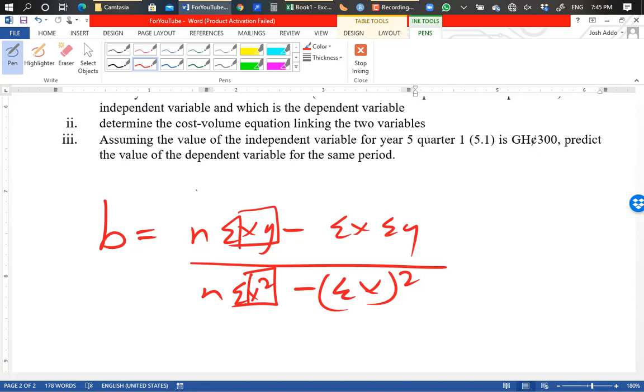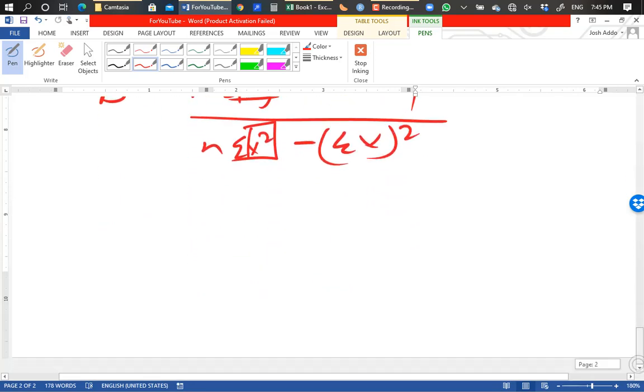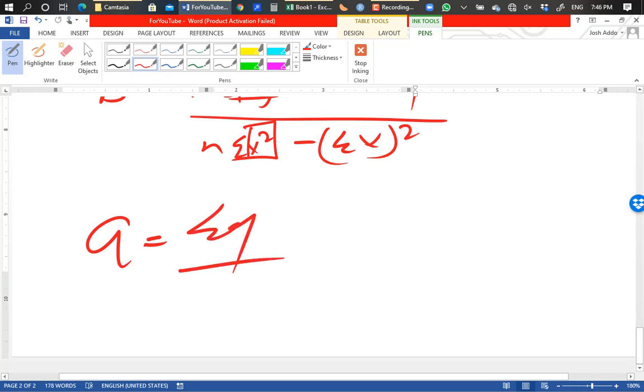Using regression techniques, the formula is a is equal to sigma y over n minus b sigma x over n.